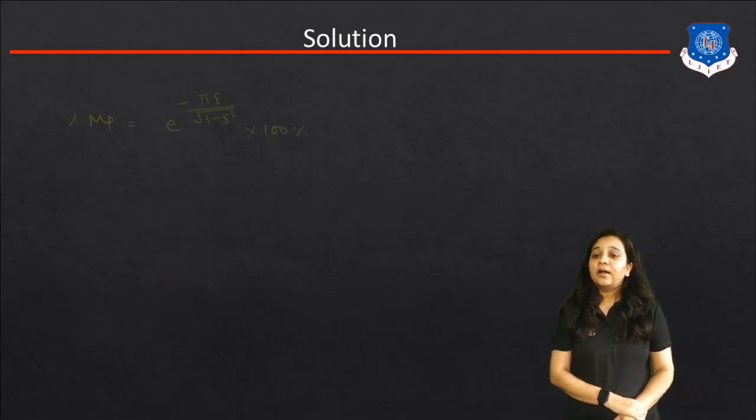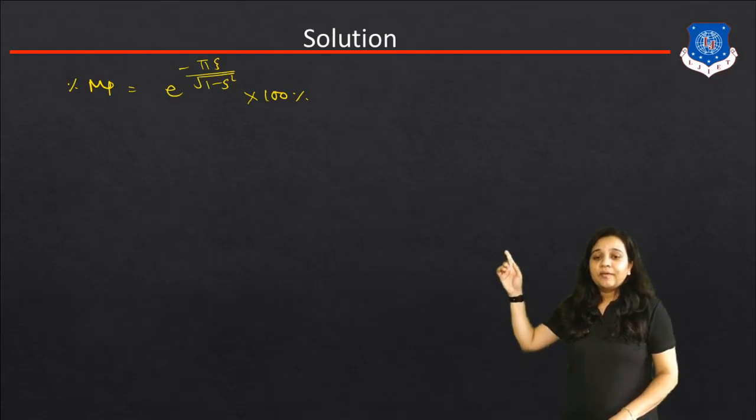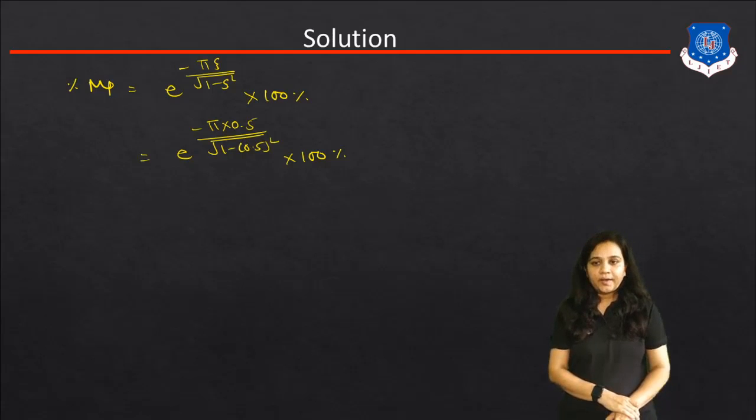The third one is the percentage of Mp, that is equal to e raised to minus pi zeta upon under root of 1 minus zeta square into 100%. Put the value of zeta in this equation. So e raised to minus pi into 0.5 upon under root of 1 minus 0.5 square into 100%.